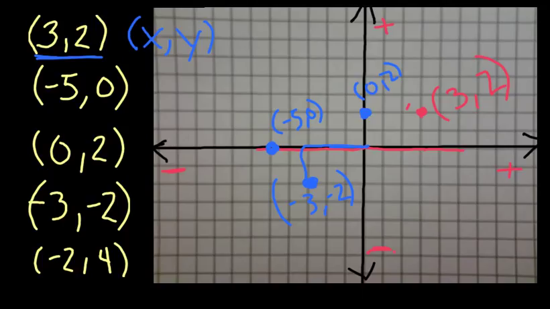Okay, one more point we have to graph, and it's -2, 4. So, let's start at the origin and go -2 over and 4 up. We went 4 up because it's positive. So that's -2, 4 right there. Okay, ordered pairs, really easy. You always go side to side with the first number, and you go up and down with the second number.